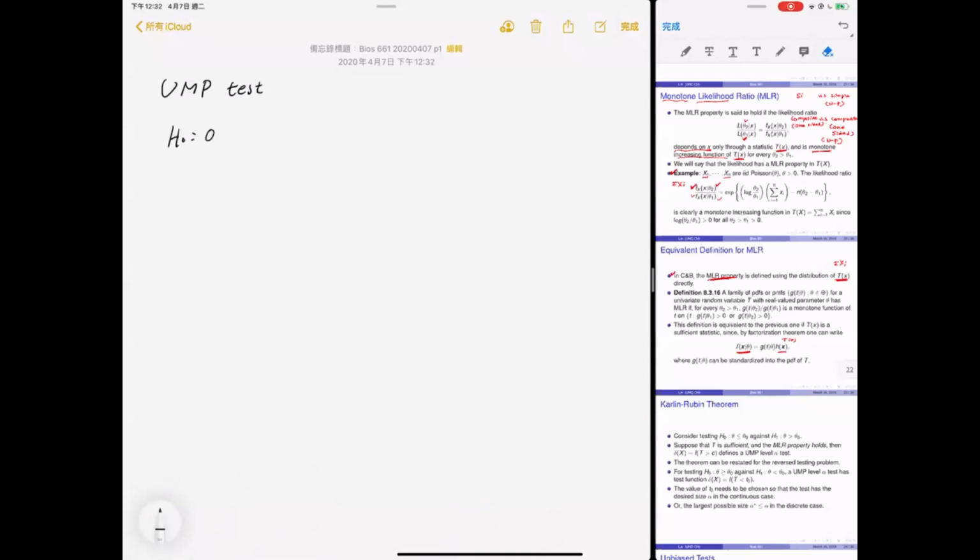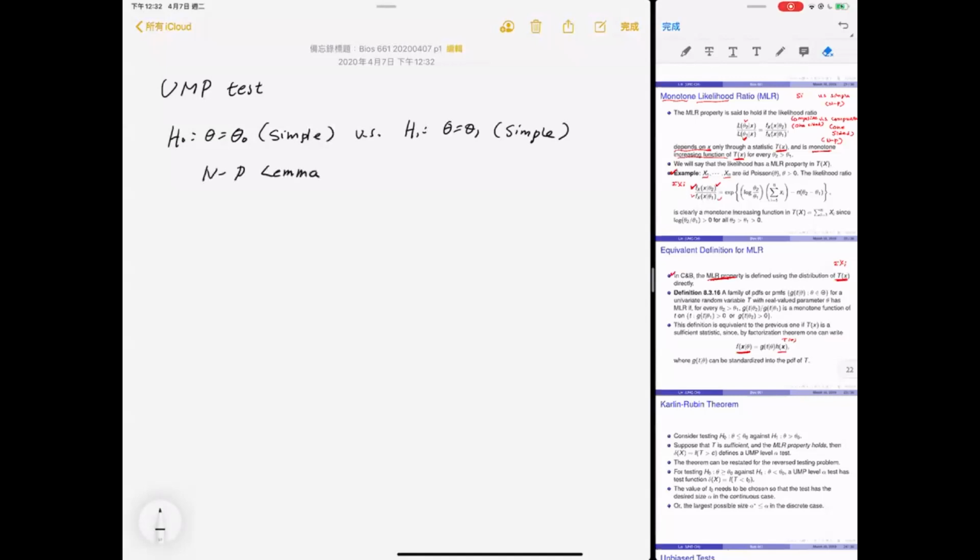If you're doing simple null hypothesis versus simple alternative, and you recognize it, then you will know which theory you are going to use to find the UMP test. The answer is the Neyman-Pearson lemma.